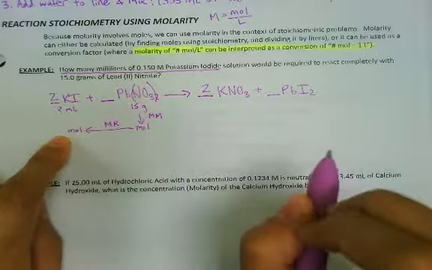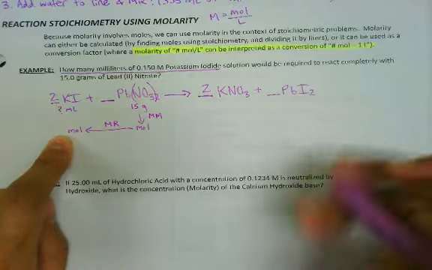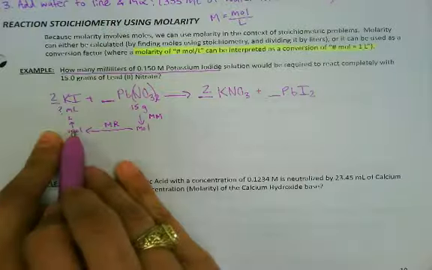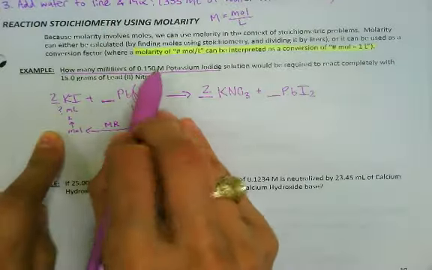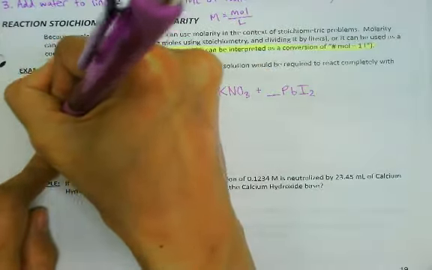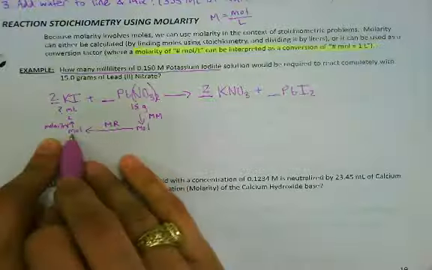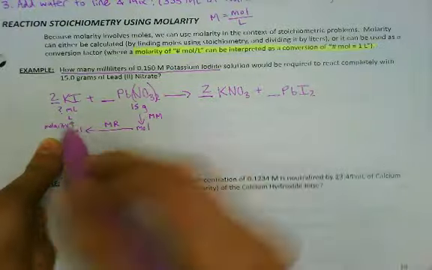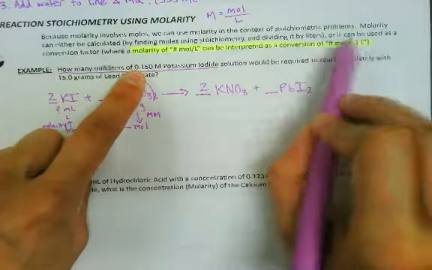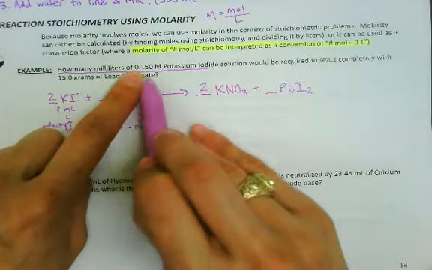We can get to milliliters because we can actually use the molarity of this substance. We can use the molarity of this to get from moles of this to liters. Because what this is saying, remember this is moles per liter.